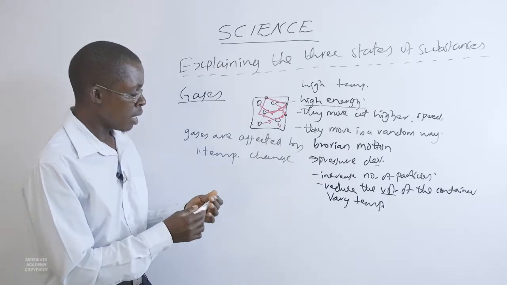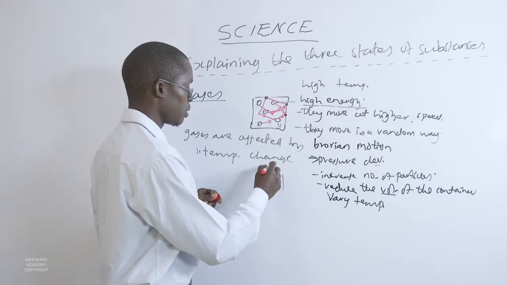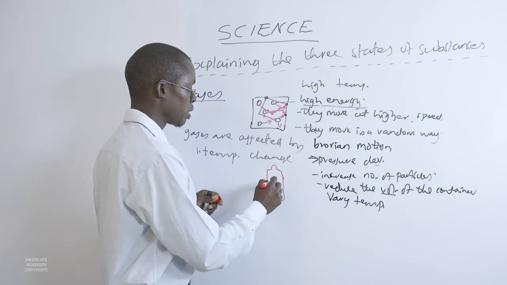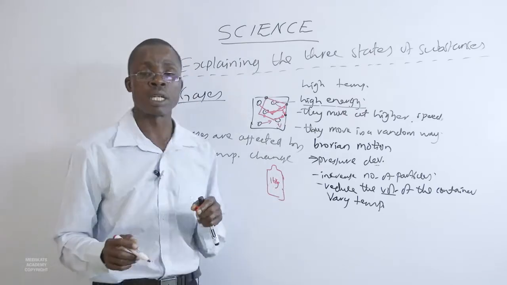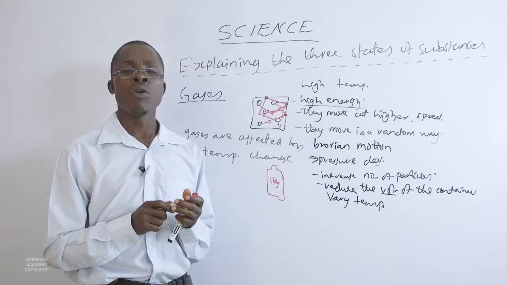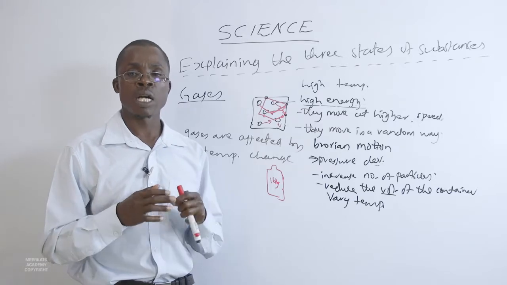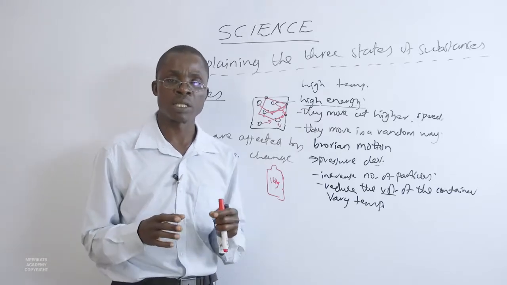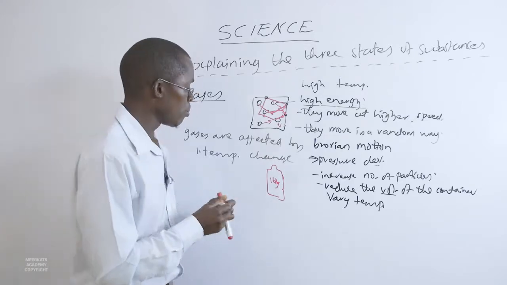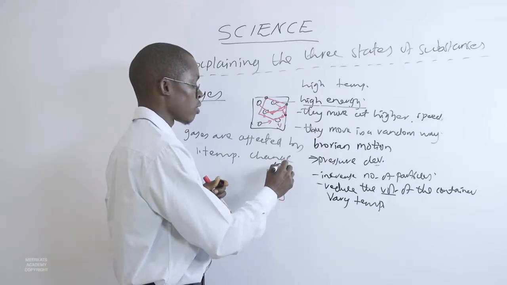When you have an LPG gas cylinder, maybe that is of 16 kgs, that cylinder is normally made of very strong material. It cannot expand. So if it cannot expand, and here you are putting in LPG gas, that is natural gas.